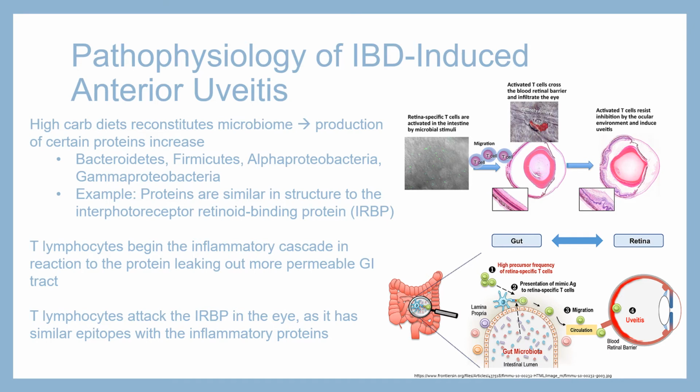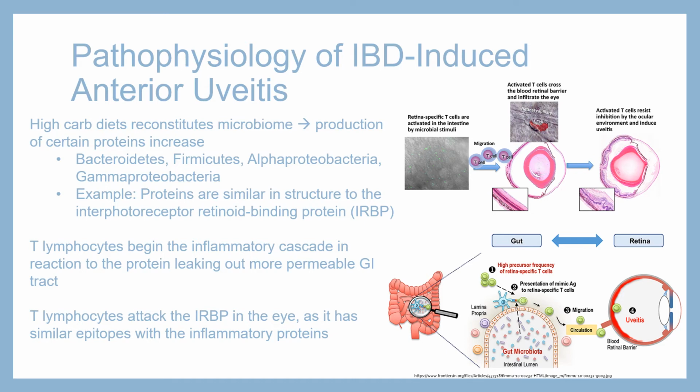from the papers. So T lymphocytes begin the inflammatory cascade upon coming across the abnormal bacterial protein in the gut. Because the gut wall is undergoing systemic inflammation throughout, it also becomes more permeable, allowing more of these immune cells to come through and detect these proteins.